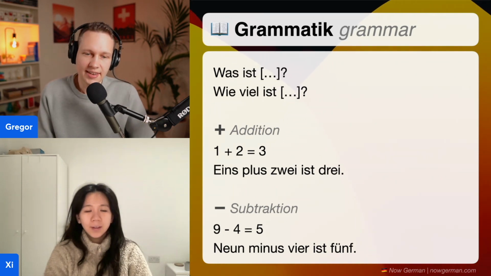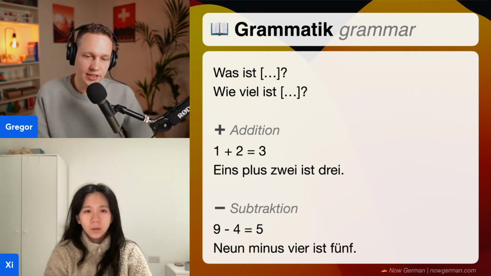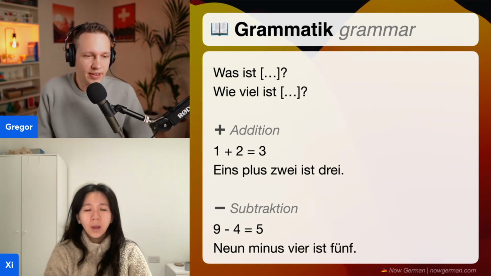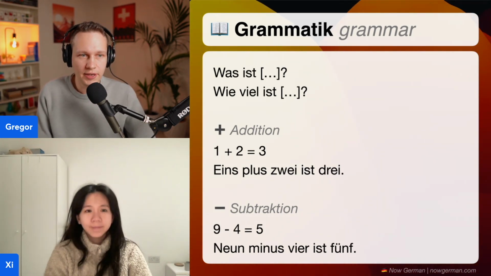Exactly. And then I can, for example, say 1 plus 1 ist 2. And like in English, you can also ask how much is something. For example, how would you ask how much is 2 plus 2? Wie viel ist zwei plus zwei? Das ist 4. Or I can say 2 plus 2 ist 4. Yes, ideally I'll repeat the numbers.